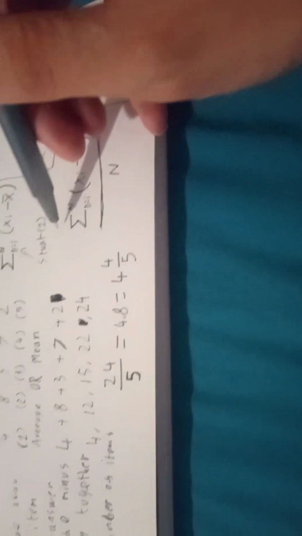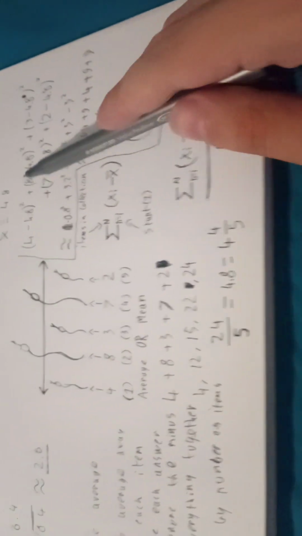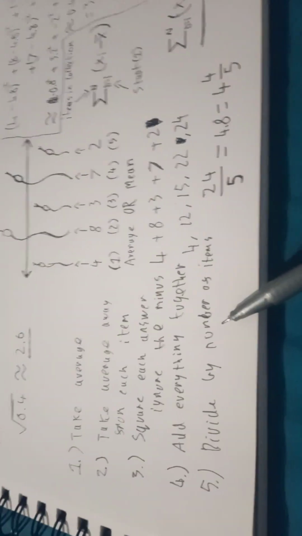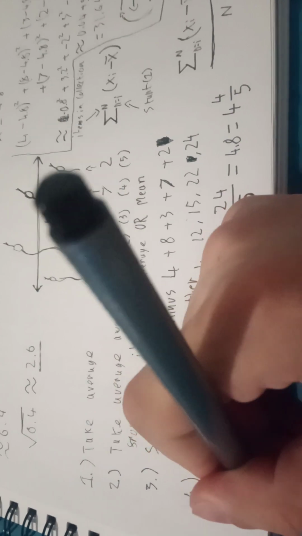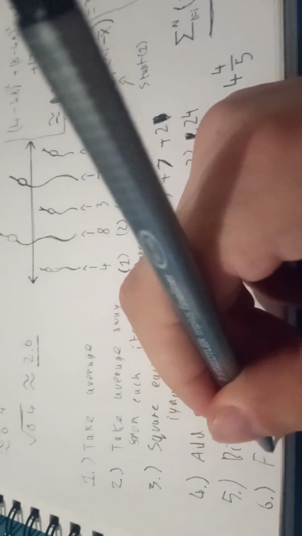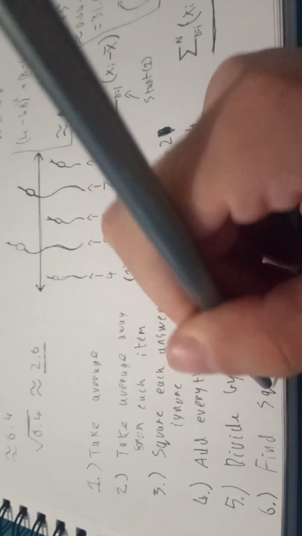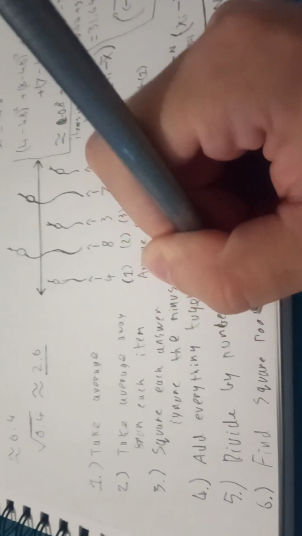So get comfortable with this. Okay, it's literally just working out this number and then doing a few more things with it. I've described the steps over here, and if you want the standard deviation, find the square root. Okay, and that's the whole process.